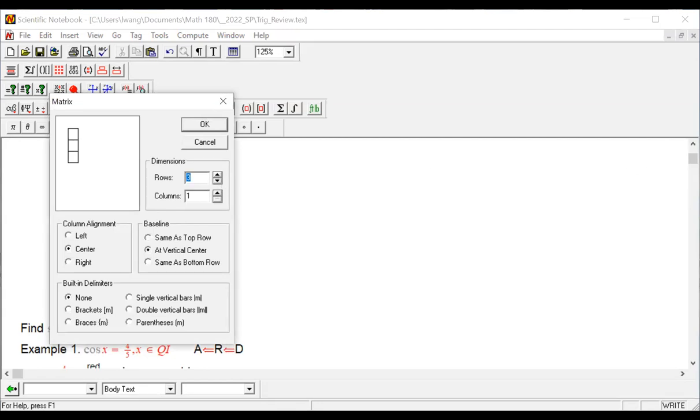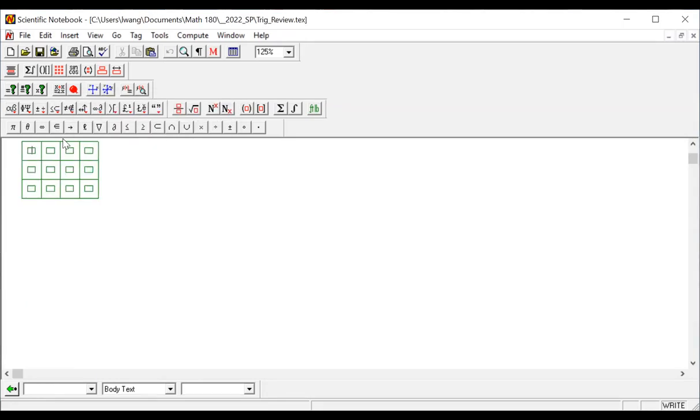So we should have 1, 2, 3. Let me make more columns. So these are the arc sine, lowercase, or arc sine written in this more modern way, even though I don't agree with it, because it confuses a lot of our students, but we have to accept their existence because they're all over the place.